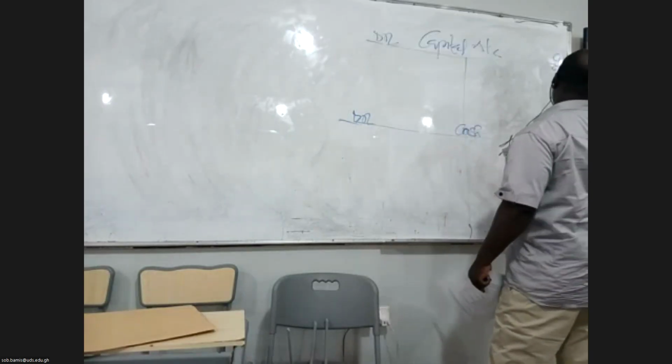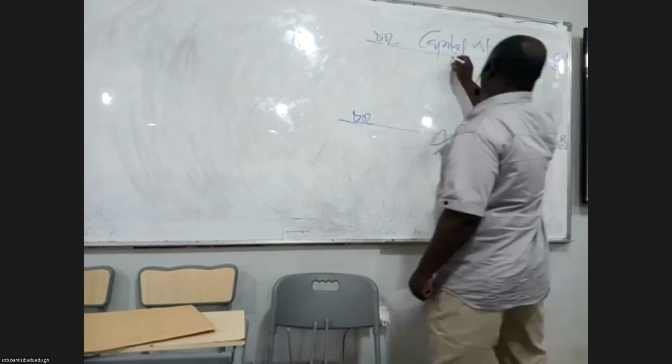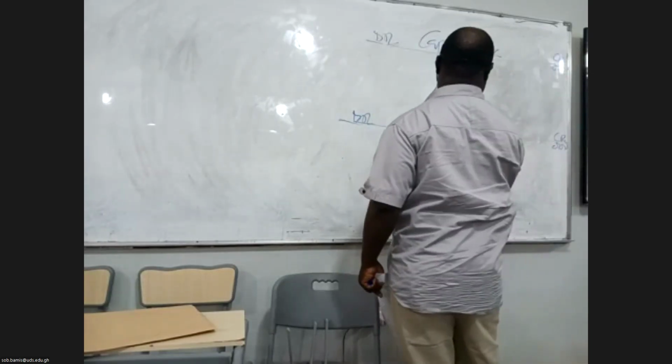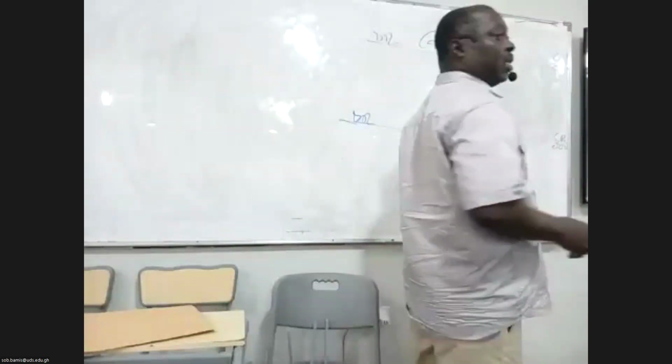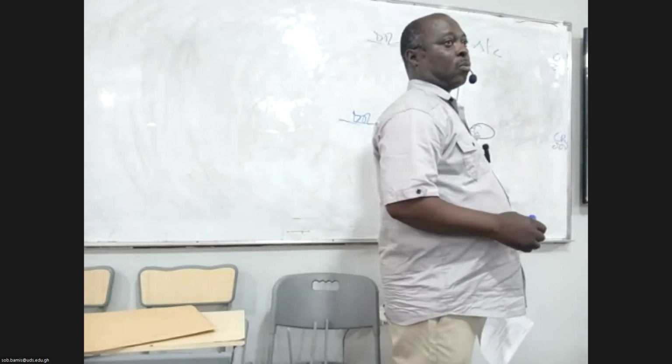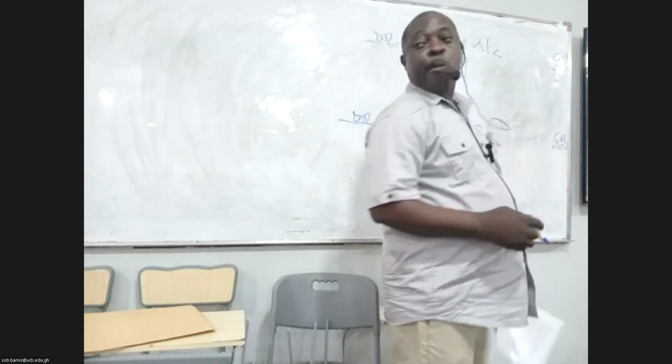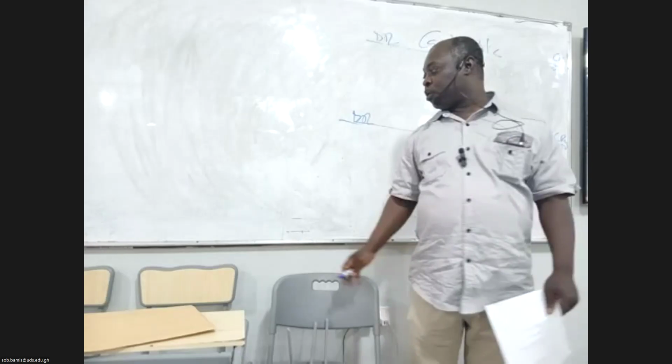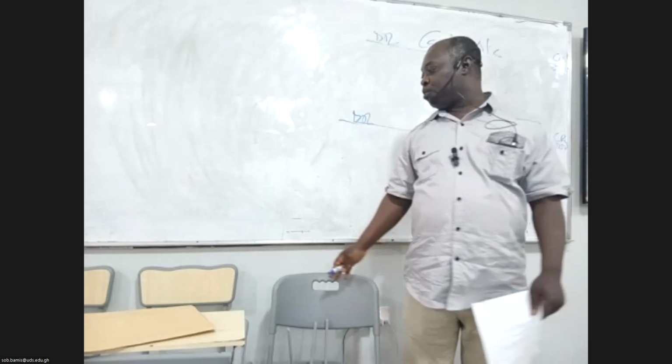We want to have the zeros here in order to make life easy for ourselves. Are we okay? Can we move this thing so that we can have enough space?